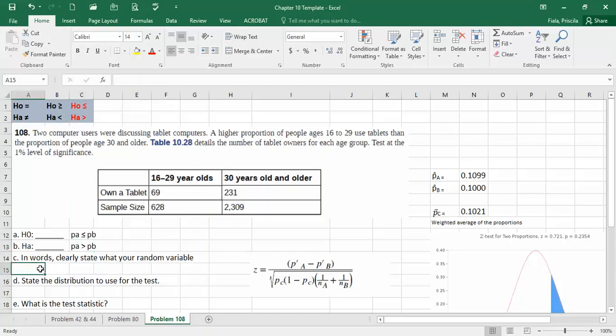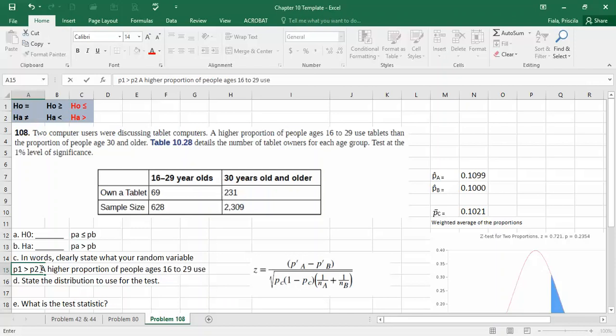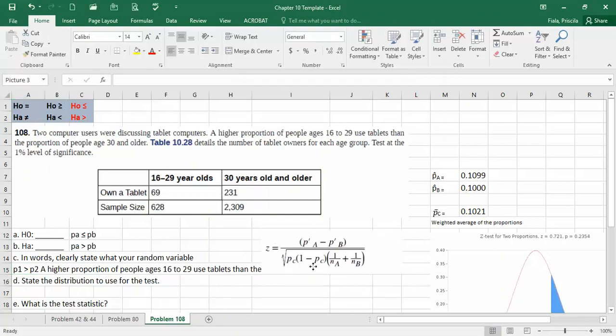So we can just say that my variable is going to be that proportion 1 is higher than proportion 2, which is a higher proportion of people aged 16 to 29 use tablets. Then the proportion of people age 30 and older. Okay, that's what we're testing here.